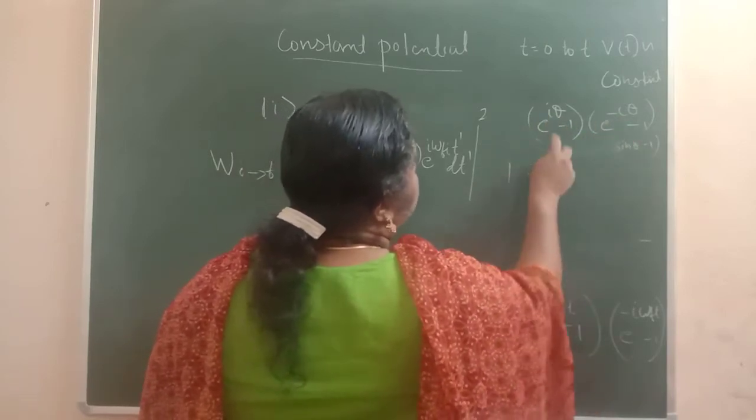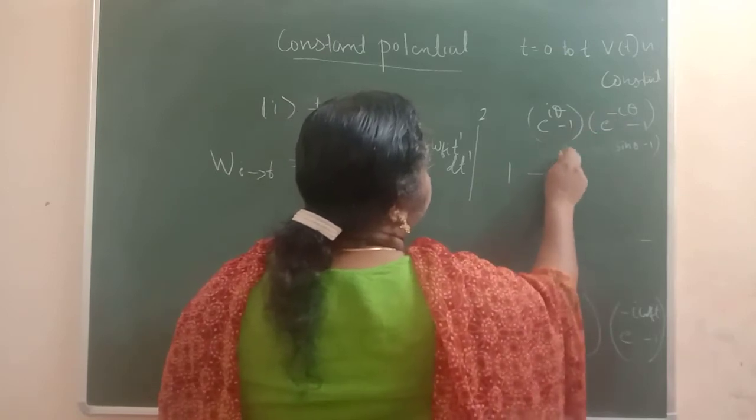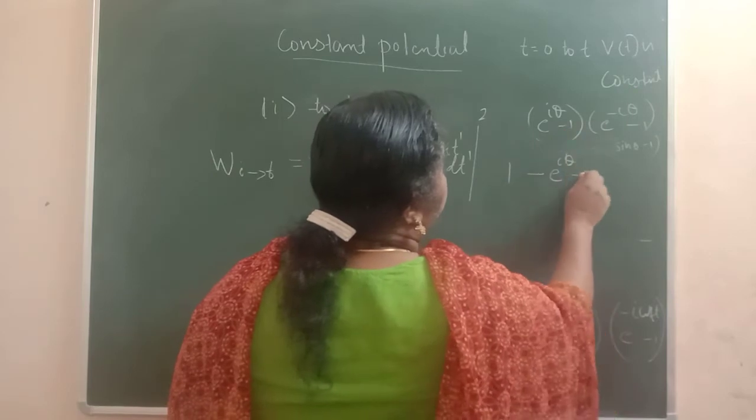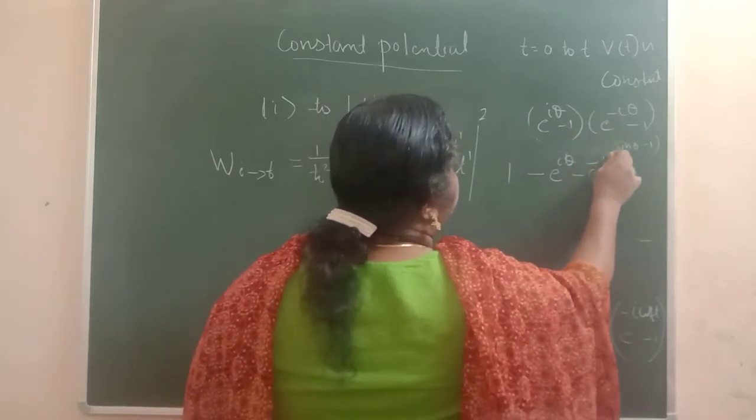Then e raised to i theta multiplied with minus 1, then minus 1 into e raised to minus i theta.